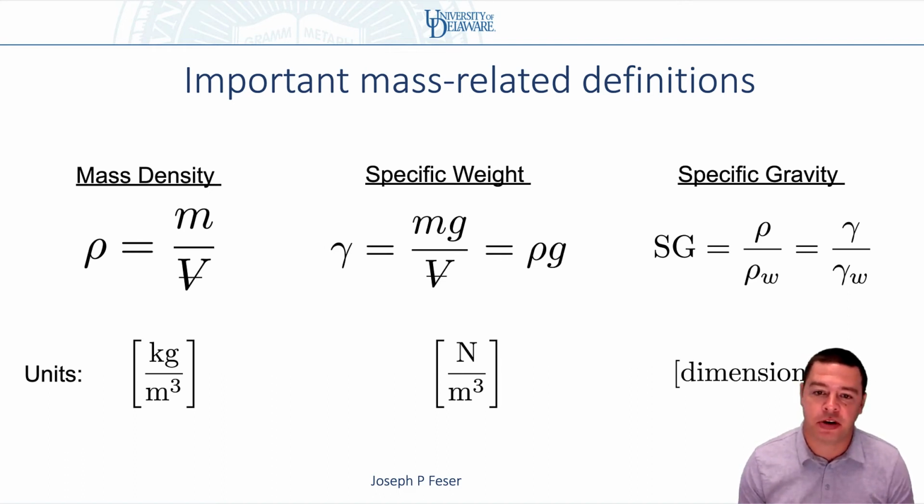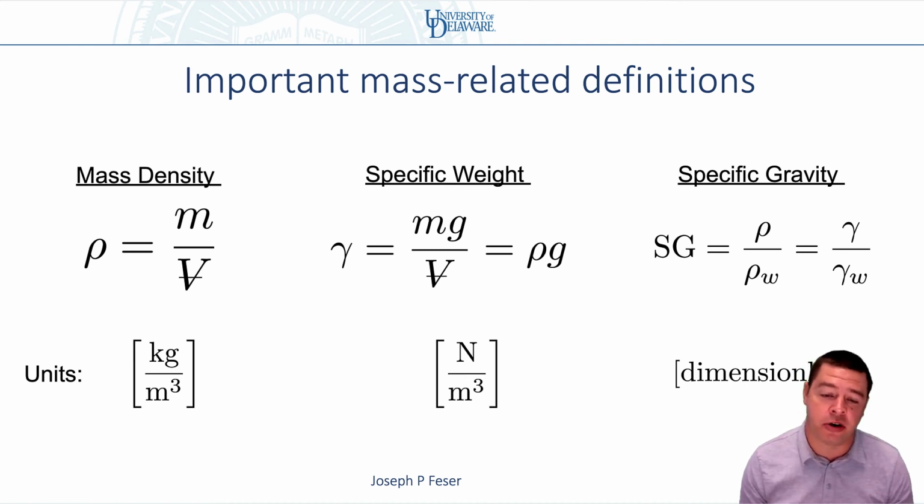Specific gravity means the density of a fluid divided by the mass density of a reference fluid, which is almost always water at atmospheric pressure and room temperature. Specific gravity basically is a way of talking about whether something is heavier or lighter than water. Oils typically have a specific gravity that is less than water. A specific gravity of 0.7 would not be an uncommon number for crude oil or something.